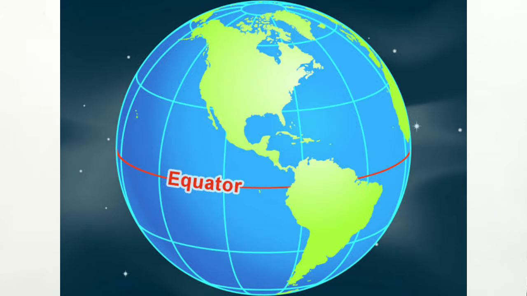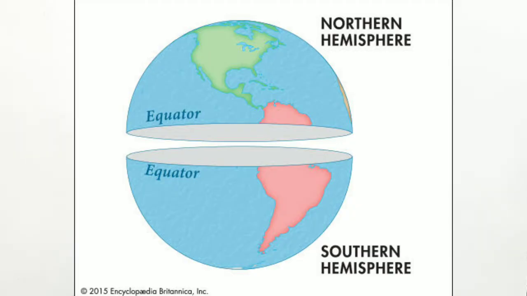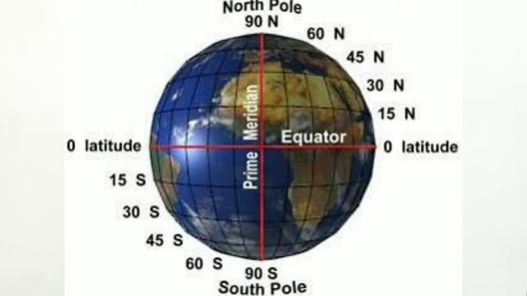As we have discussed in the previous class, the equator is the 0-degree latitude which divides our earth into two equal parts. In the same manner, it was felt that we should have one 0-degree longitude too, so that we can count the number of longitudes.